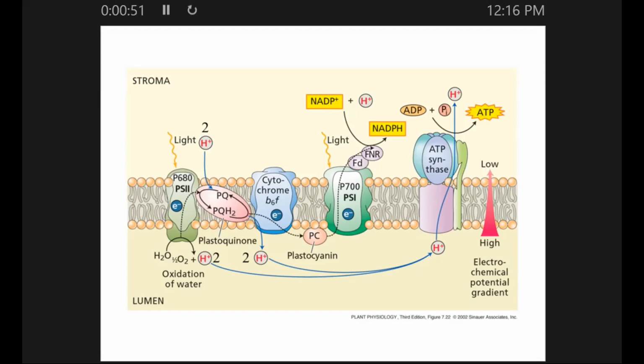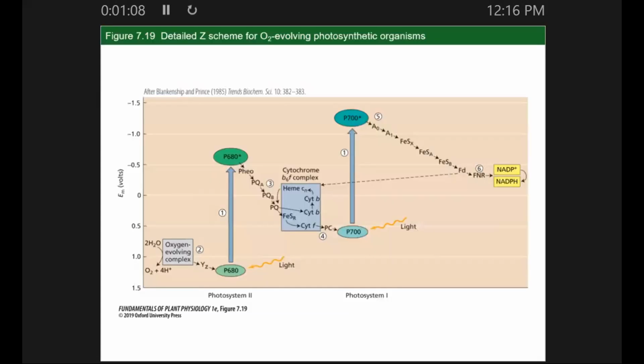So water is your ultimate electron donor. It will donate an electron through the actions of the oxygen evolving complex so that the chlorophyll molecule that just lost an electron can gain one back and then get hit with light energy and have that happen all over again. So this reaction pathway that you see on this slide is good to study because it gives some of the good detail of all the players.